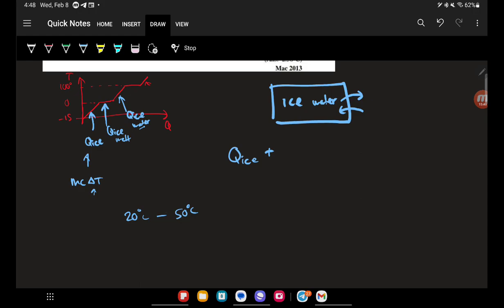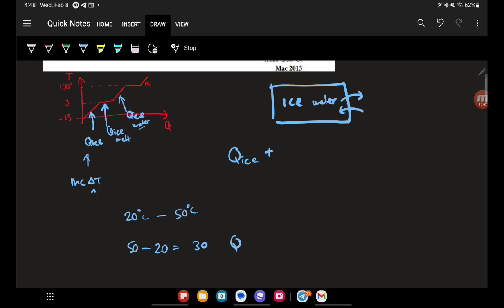From 20 to 50, of course you need to absorb energy. Based on the equation, the final temperature 50 minus 20 will give us a positive value, a positive Q. A positive Q means that it absorbs energy. A negative Q means that it's going to dissipate energy.